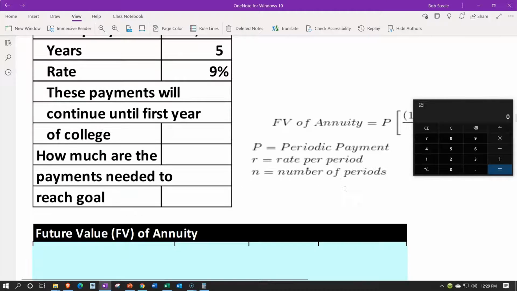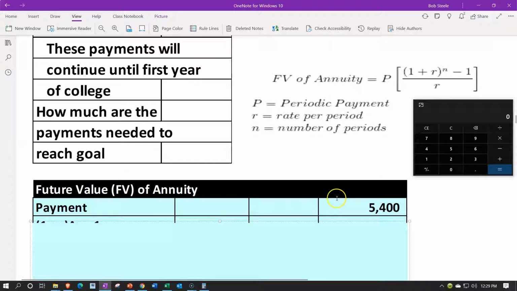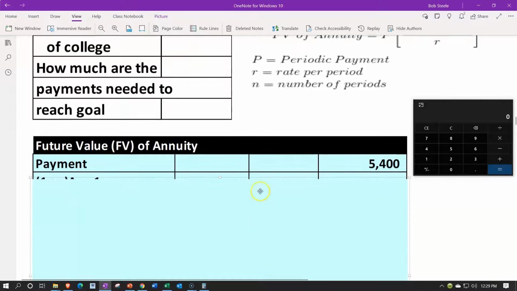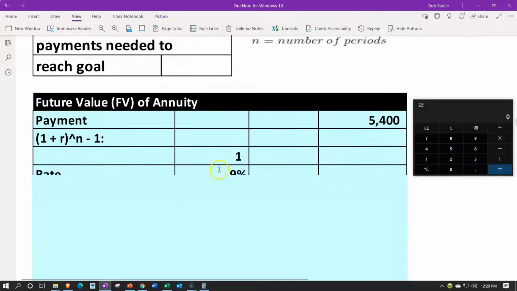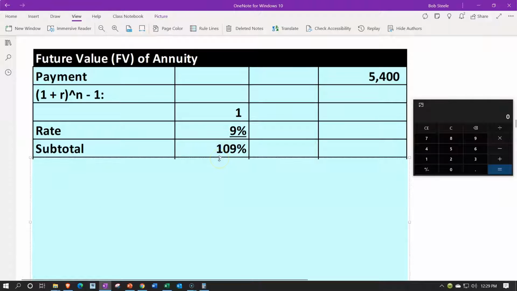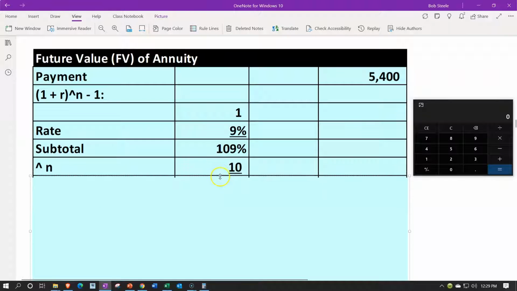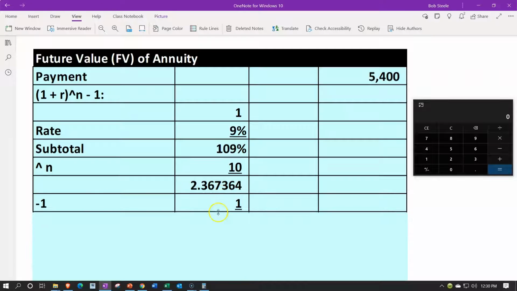We'll break this out into a table type of format, similar to what we saw last time. P is going to be in the outer column, the 5,400. We'll then bring inside the 1 plus R to the N. So 1 plus R, which is 9%, 109%. If we add 1 and 9% to the power of 10, so 1.09, I won't do it with the trusty calculator again, but to the power of 10, you need the scientific calculator to do that, remember. That's going to be the 2.3673 and so on.